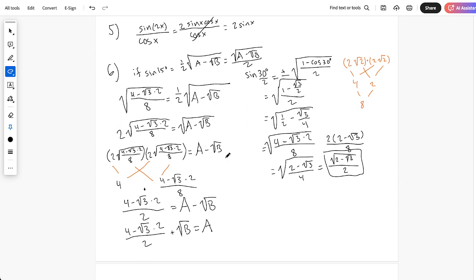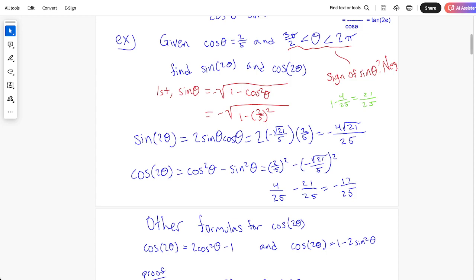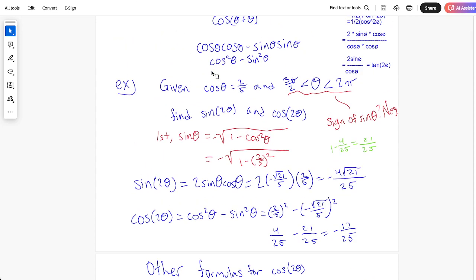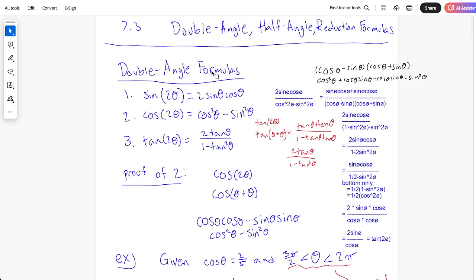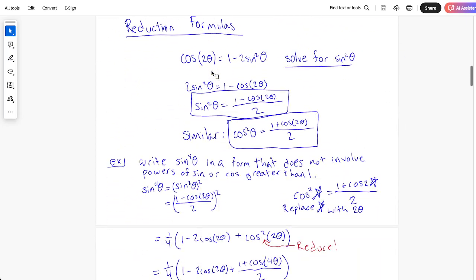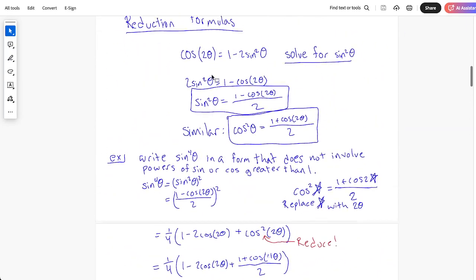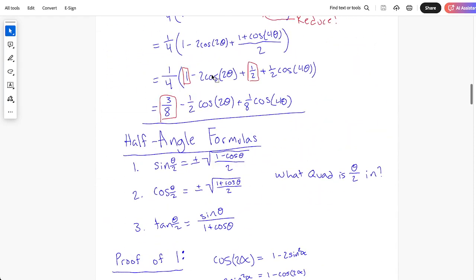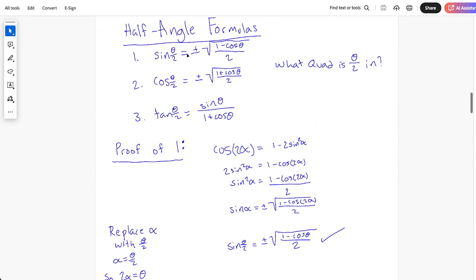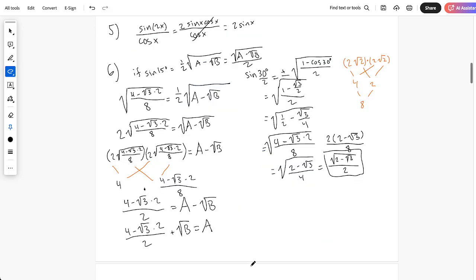Like right now, we're working on reduction formulas. You can see that in my notes here. Well, double angle reduction formulas, half angle formulas. So reductions and half angles. Half angle is what we're really working on. So I'm just going to jump into the next problem and we'll get going.